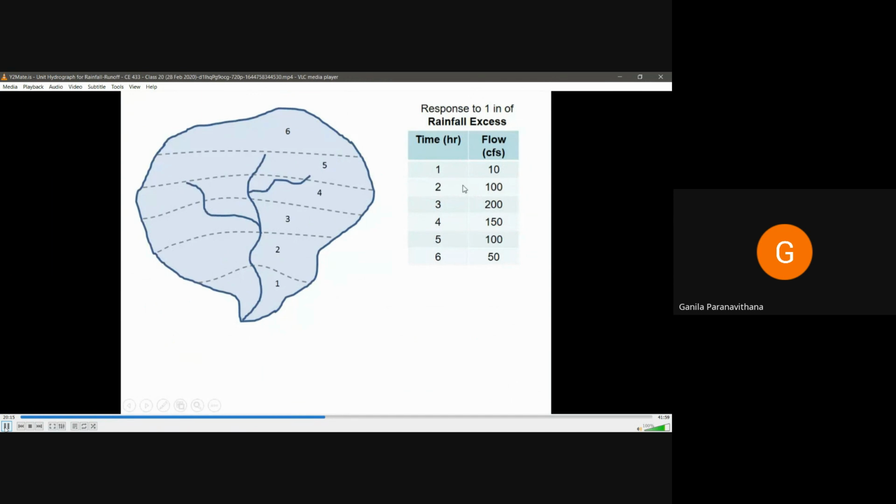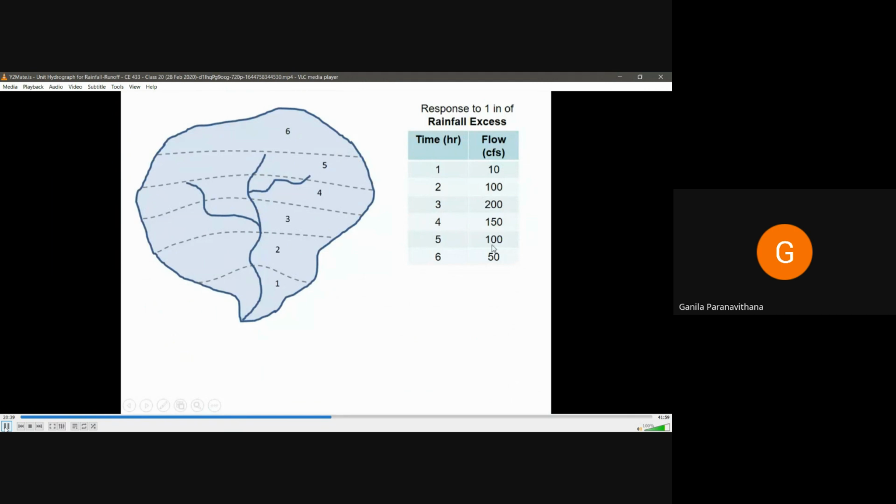And so the time is more than an hour because the rain that falls all the way out here is going to take 6 hours to travel to the outlet. And so what we see, this 50 CFS, that's still the rain that fell during the 0 to 1 time period during the first hour, but it's taken so long to finally make its way to the outlet.